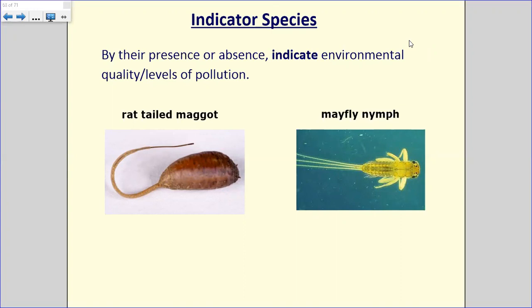If I find a mayfly nymph in the river, that would indicate that the river is very, very clean because they're only able to survive where the oxygen levels are really high. Okay, so by their presence or by their absence, they indicate the levels of pollution in a particular area.